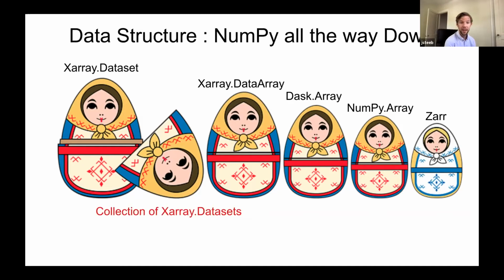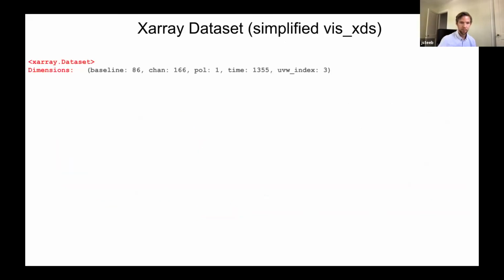And then an Xarray Dataset is a collection of Xarray DataArrays. And then we've added another layer on top, and that is a collection of Xarray Datasets, which is a multi-dataset.